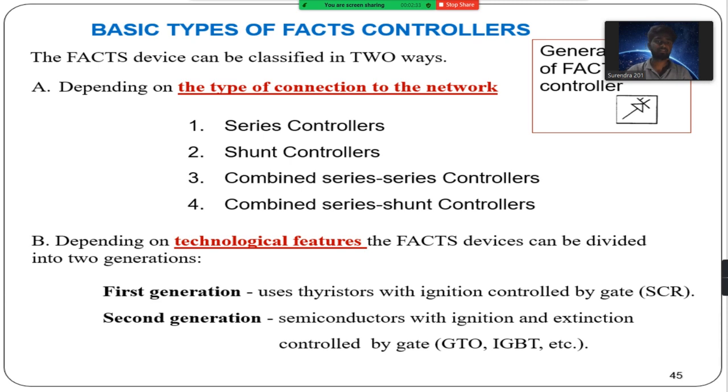Depending on the technical features, FACTS devices can be divided into two generations. The first generation uses thyristors with ignition controlled by SCR, and the second generation uses semiconductors with ignition and extinction controlled by GTO and IGBT.